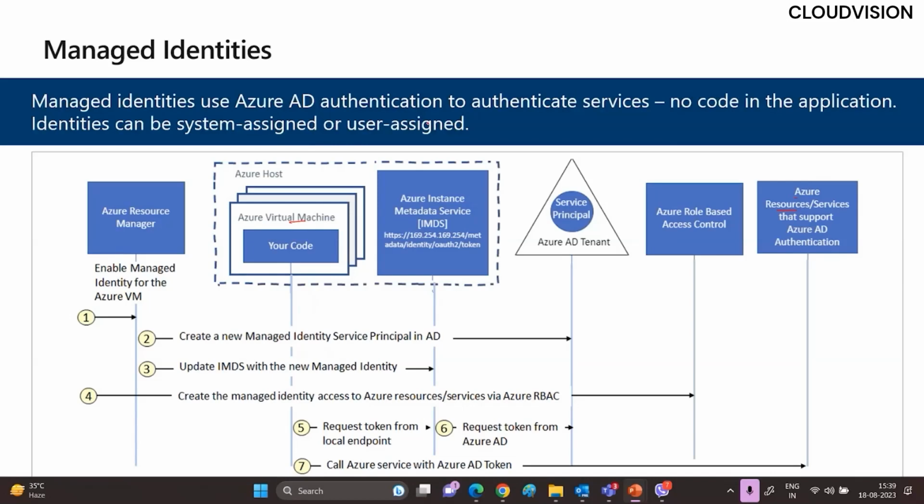You need to enable managed identity for your VM. Once you initiate the managed identity, a new service principal gets generated in the AD, and that gets updated with the IMDS. This is called Azure Instance Metadata Service.